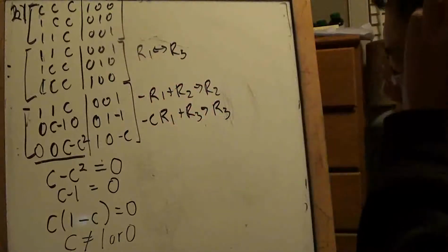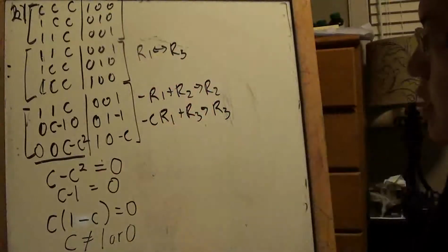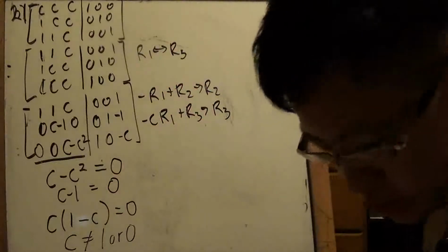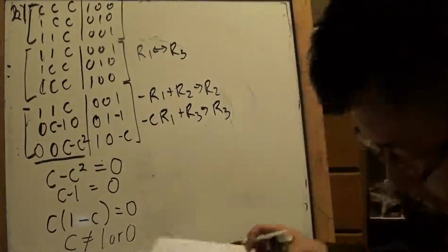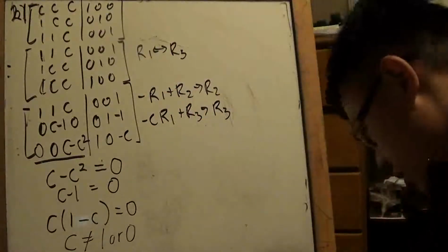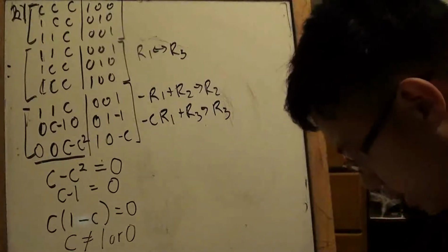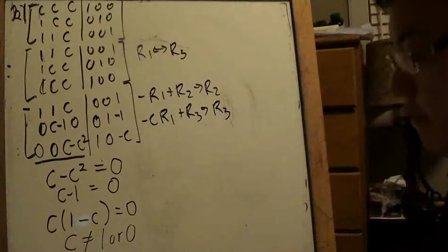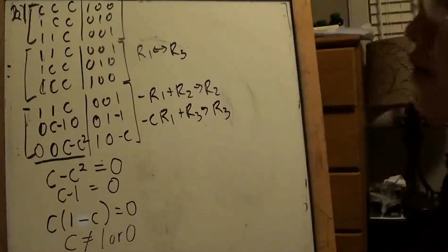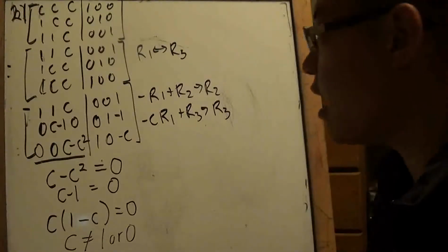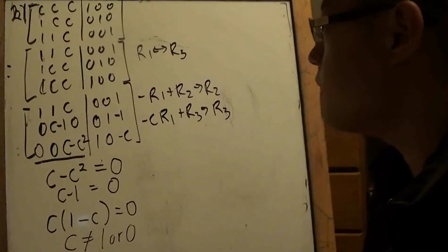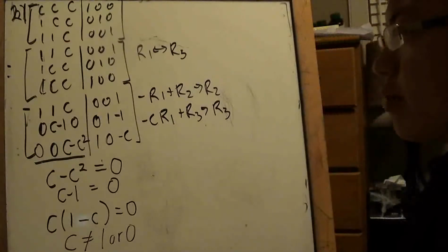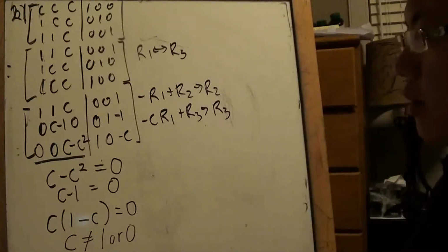So I've done that. Remember, the question for this was, and did I drop a question? Oh no. So the question is, find all values of c where the matrix is invertible. So basically when that happens, remember what was the condition for invertible matrices?